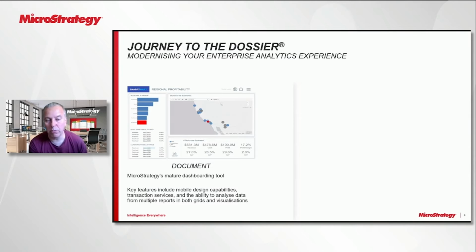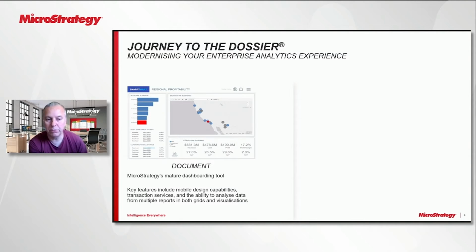A document at the moment is still suitable for things like if you need transaction services and certain other types of functionality, or if you're going to do a statement or an inventory type report, which is going to be exported to a PDF with repeating sections and all those things. Perhaps there's still a use case for them, but they're less common in the modern world where people are used to interacting with data.